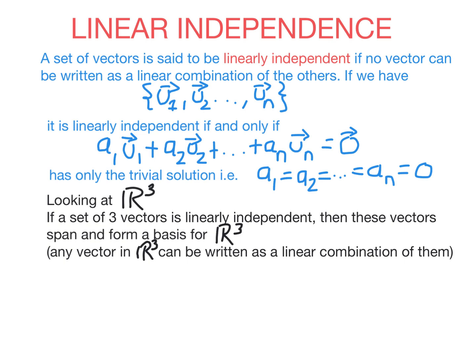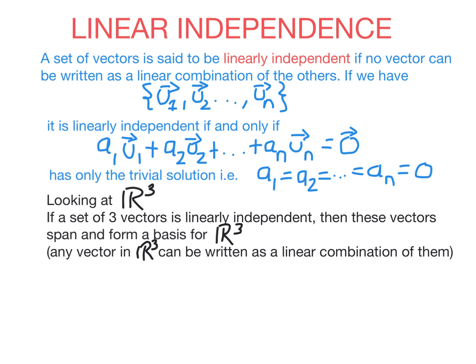Consequently, it means that if you have a set of any more than 3 three-dimensional vectors, it can't be linearly independent. So let's just look at a very quick example.